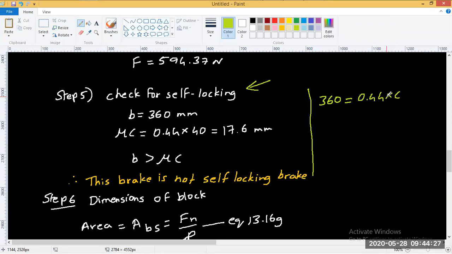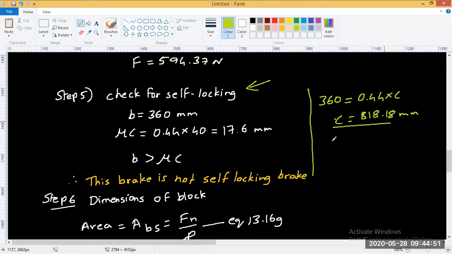To find the dimension of C, it is just 360 over 0.44. So C is 818 mm. So this dimension is what is required.